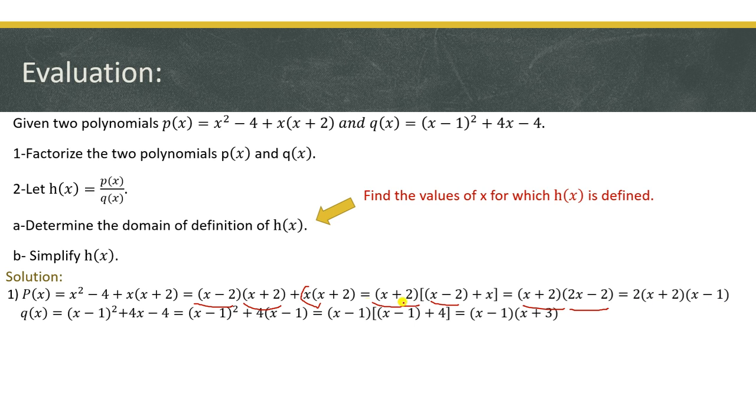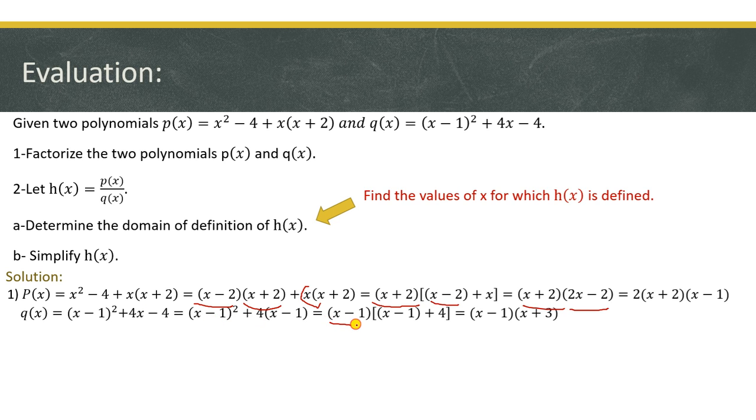About q of x, we have x minus 1 squared plus 4x minus 4. Okay, now we want to have a common factor. X minus 1 squared plus, you can take 4 as a common factor to become 4 into x minus 1. Now we have x minus 1 as a common factor.